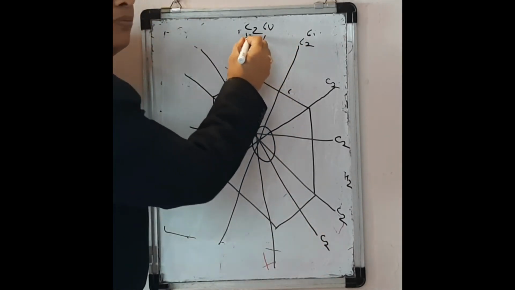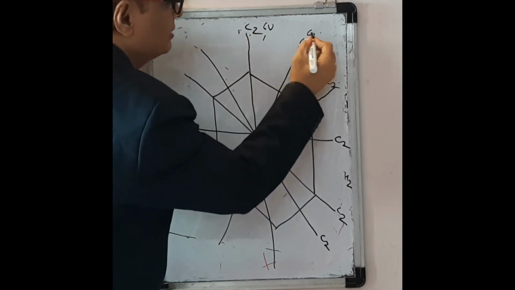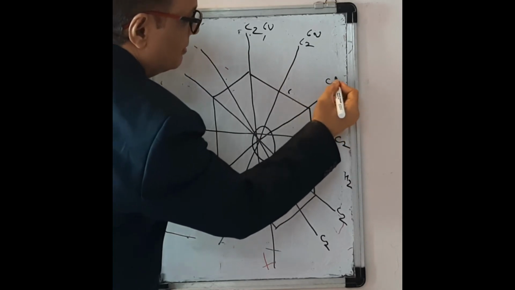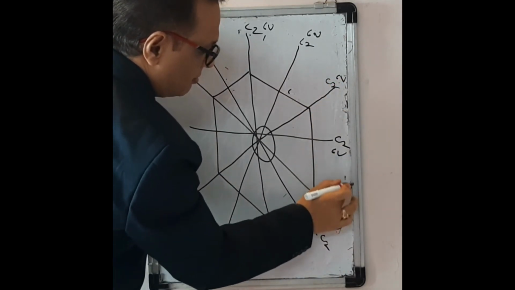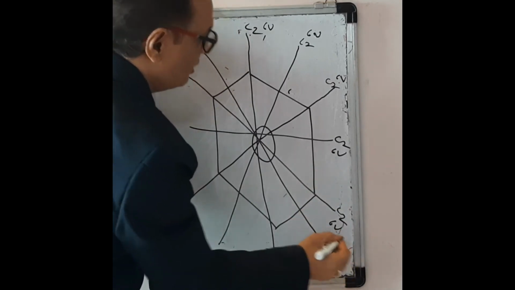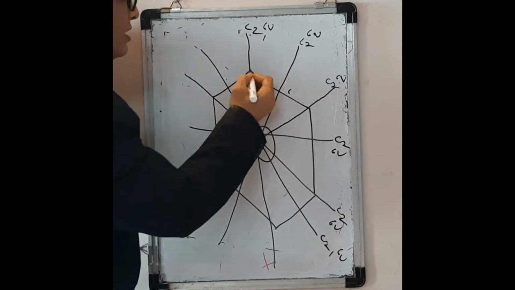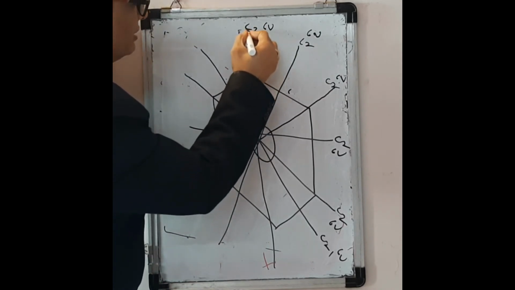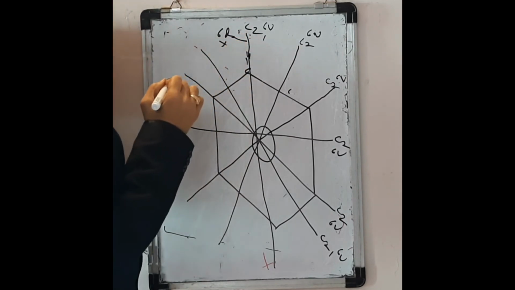Similarly, sigma V is collinear with the C2 axis. Now, can we consider this as sigma D? No. Why?